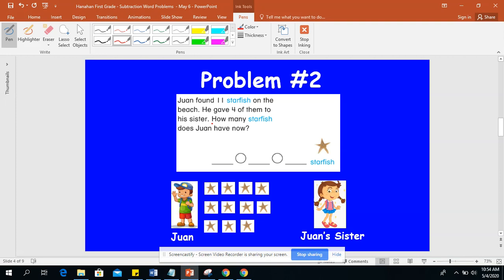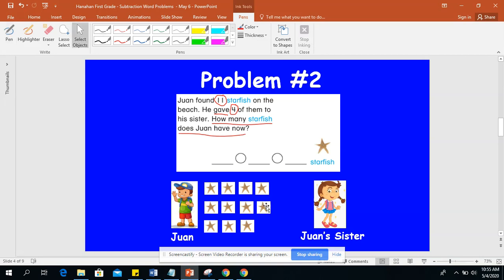So the question is, how many starfish does Juan have now? Well, we know that Juan found 11 starfish and he gave 4 of those starfish to his sister.